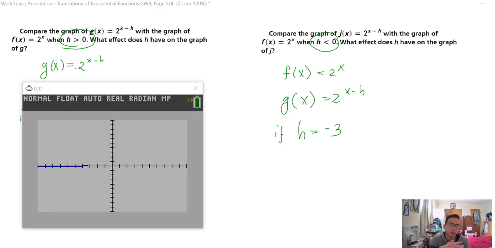This is our original function, which is our baseline of comparison. And then take a look at the graph when h is -3.